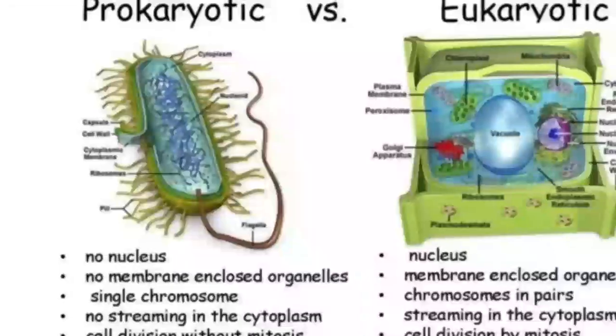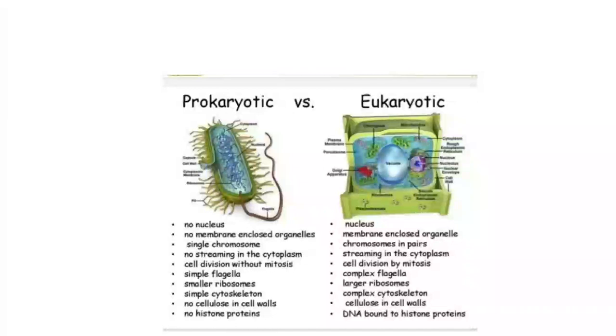We will see here the difference between eukaryotic and prokaryotic cell. All of you study about the prokaryotic and eukaryotic cell in detail. So we will find out the difference between prokaryotic and eukaryotic cell.